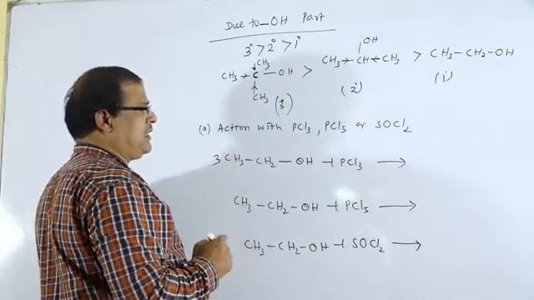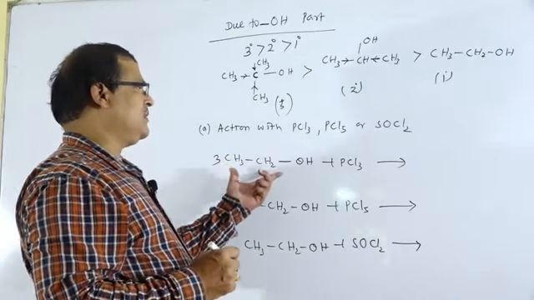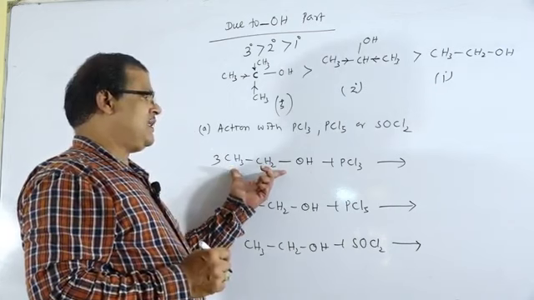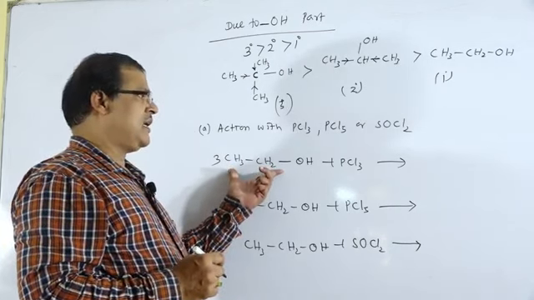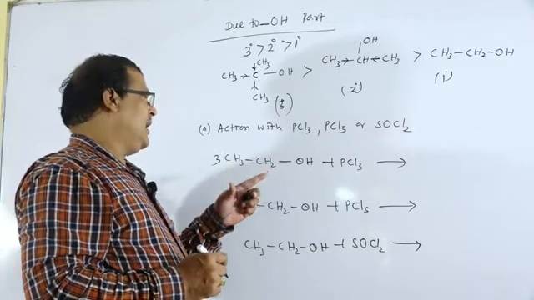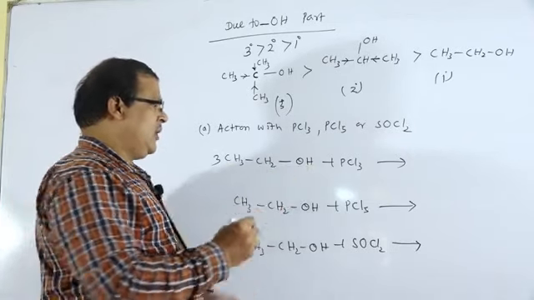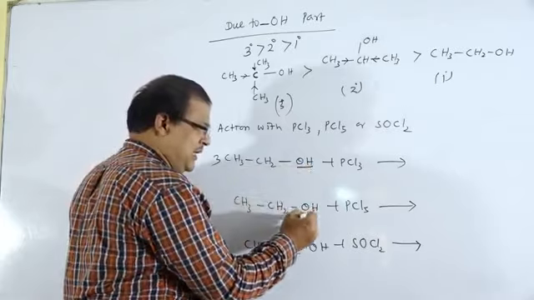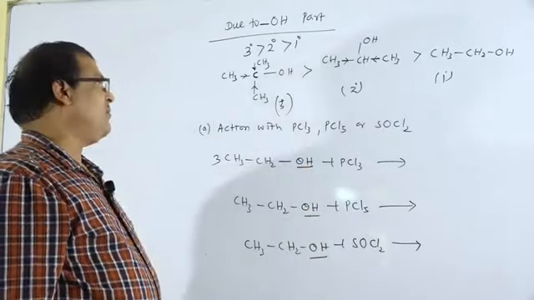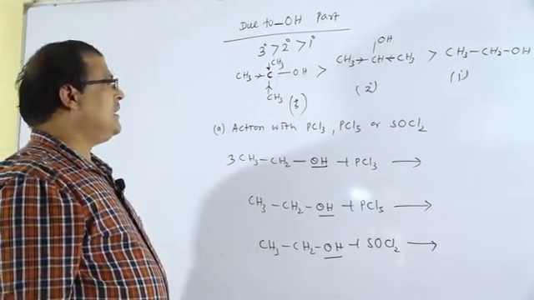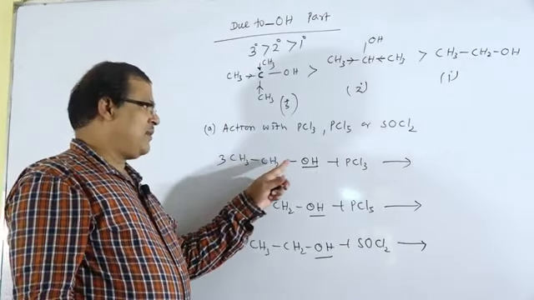In this case, we have to take 3 molecules of ethyl alcohol, and in all these cases the OH group will get replaced by Cl. That is the reaction due to cleavage of the carbon-oxygen bond.